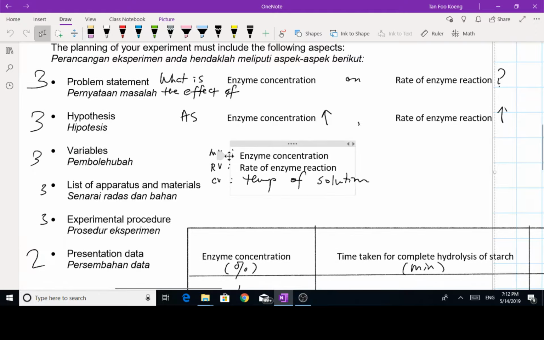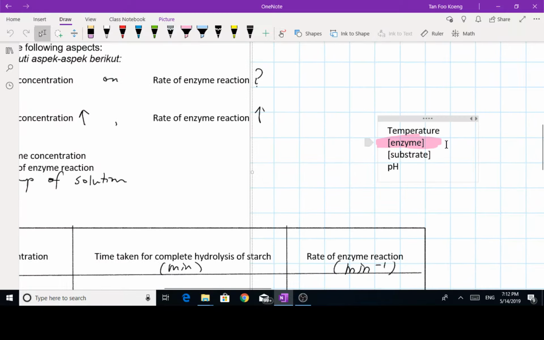Now variables, we have been given MV and RV from the questions. Then we got to find out what is the CV. So based on what we learned, there are 4 factors affecting the rate of enzymatic reactions. They are enzyme concentration, substrate concentration, temperature, and pH.